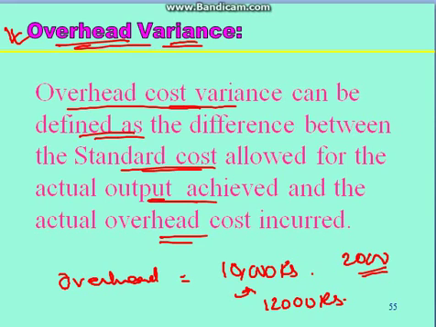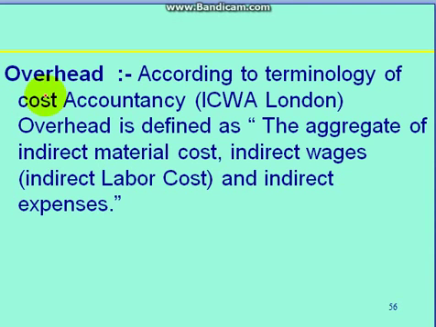Now let us see the overhead. According to the terminology used in cost accountancy, which ICWA London has defined, overhead is the aggregate of the indirect material cost, indirect wages, and the indirect expenses.